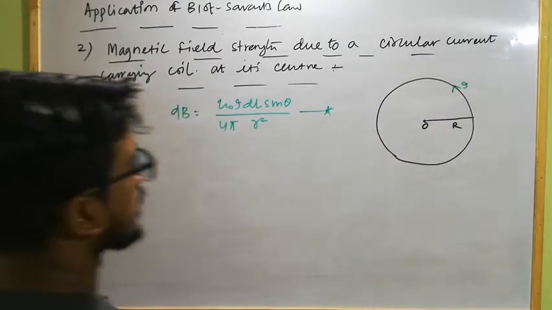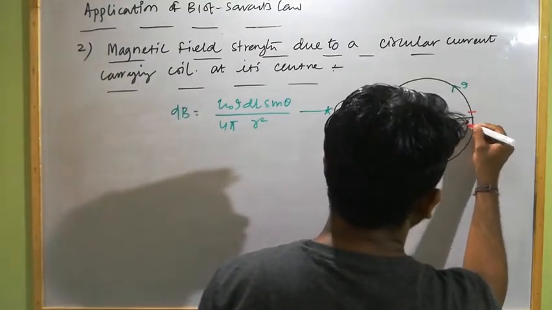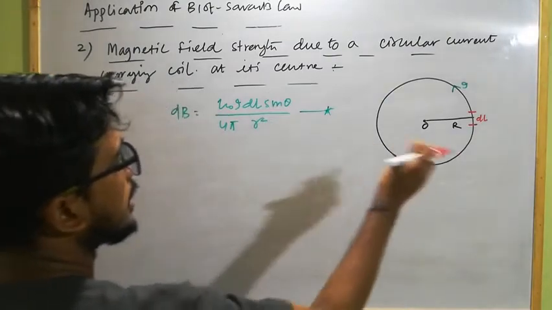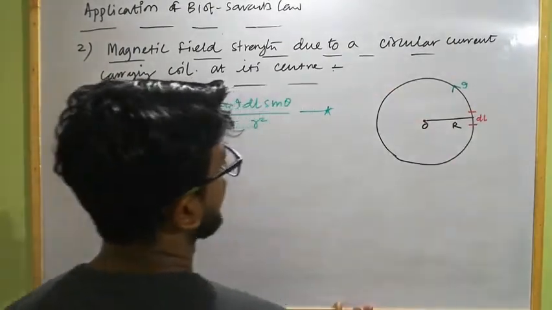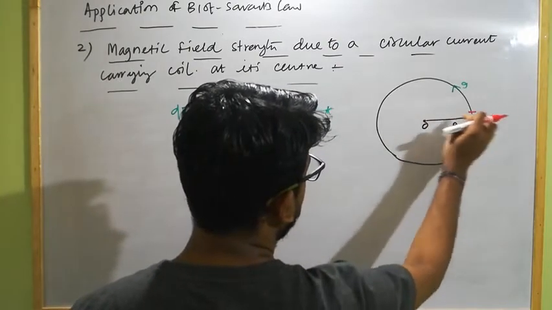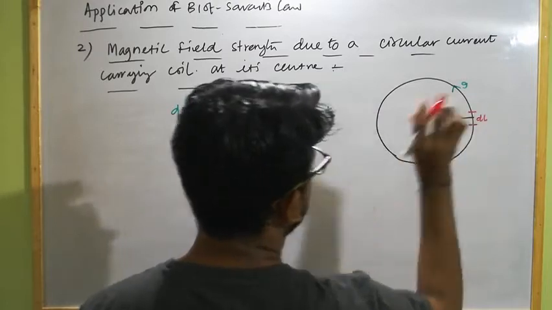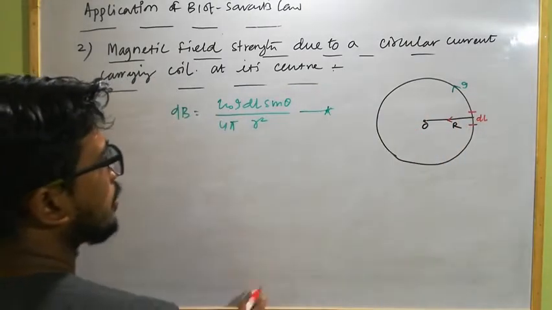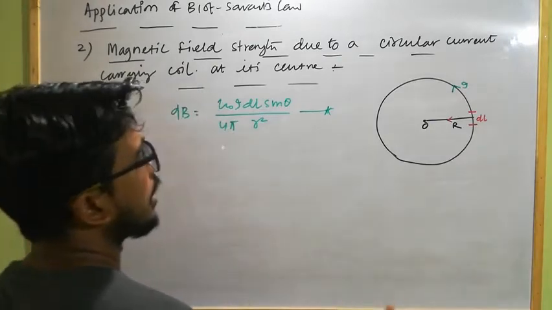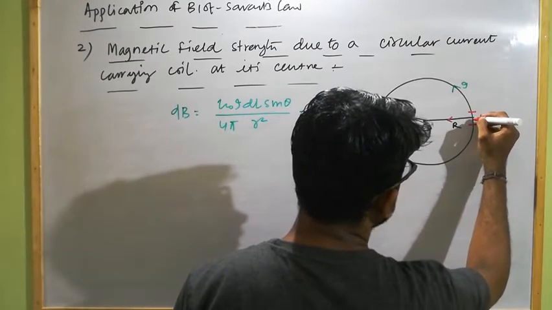Here we first assume a current carrying element, a very small length dl of this circular coil. The distance of the point of observation O from it is R, so the position vector can be represented as R vector. The direction of the current element is always tangent to the conductor, so here the direction will be like this.